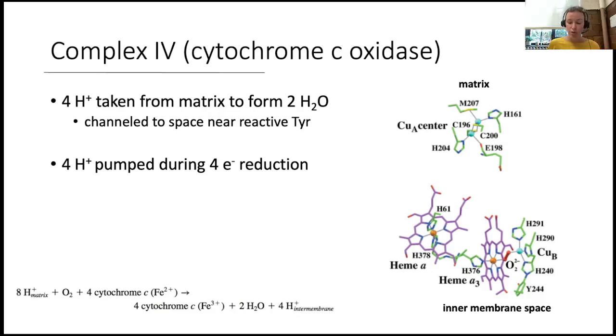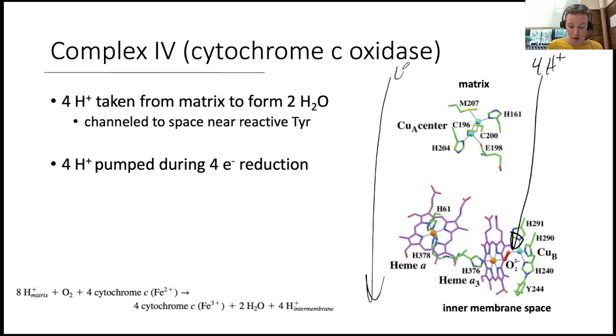So complex 4 also does proton pumping. 4 protons are pumped and directed to this oxygen to make 2 molecules of water. An additional 4 protons are pumped through those R groups into the inner membrane space. And that is the electron transport chain, folks.